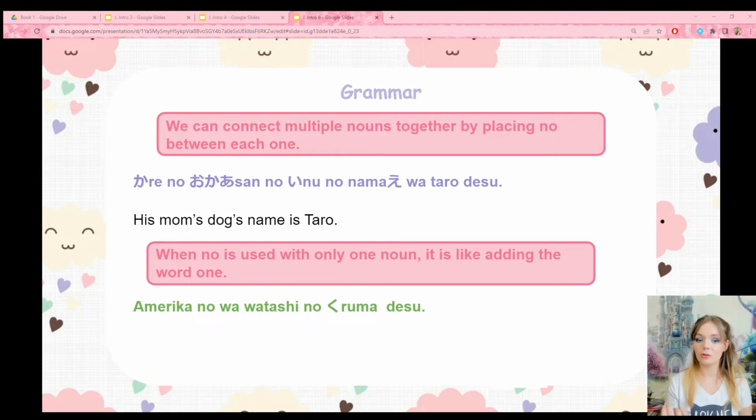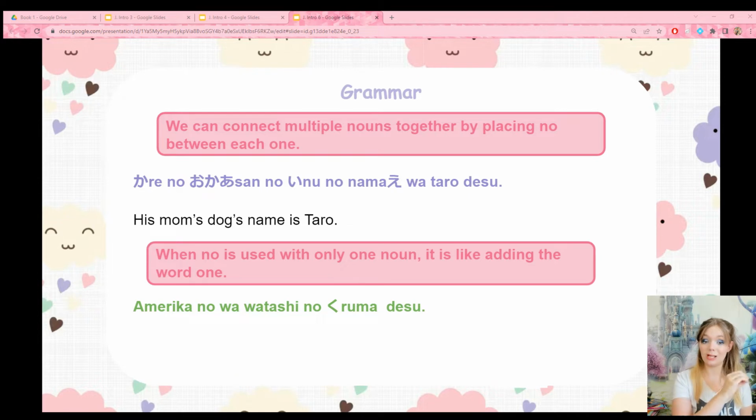And as I mentioned earlier, when no is used with only one noun, it is like adding the word one, right? So here we have America no wa watashi no kuruma desu. What do you think this sentence means? America no wa. This one has only one noun.